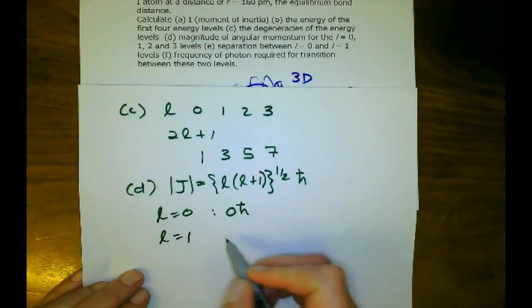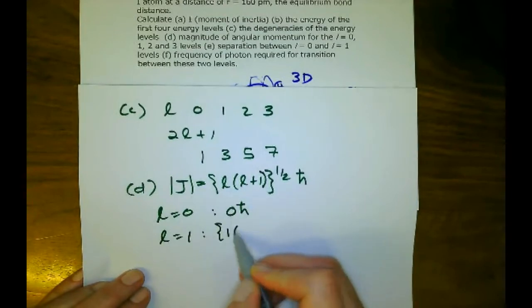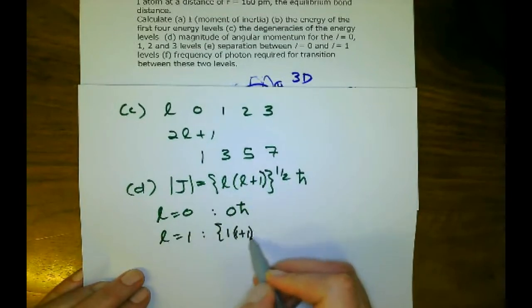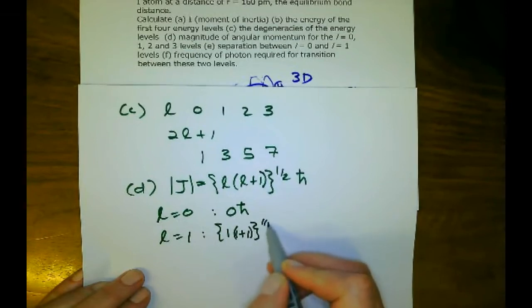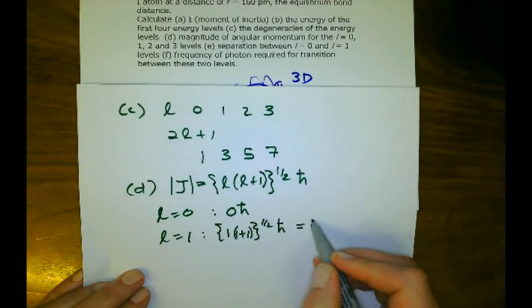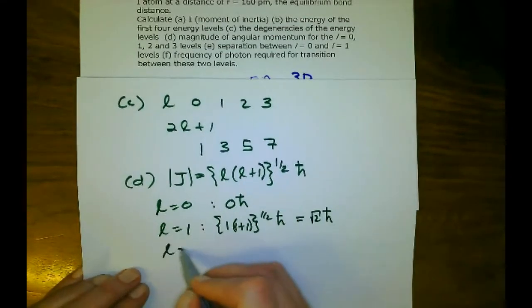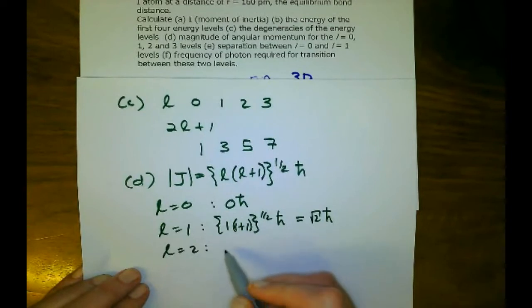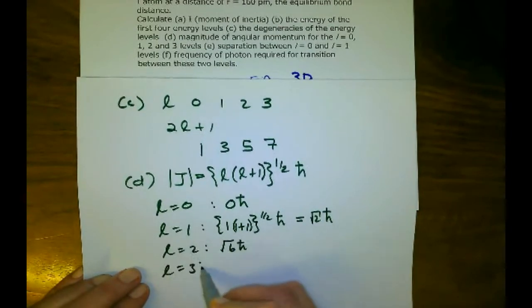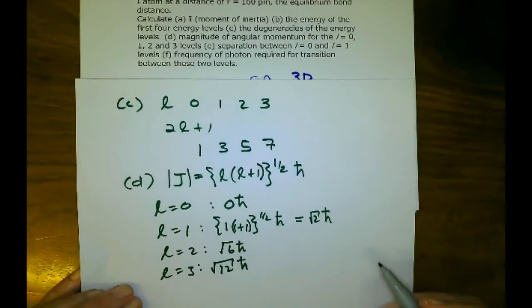For L equal to 1, it's 1 plus 1 to the power half h bar. So that is square root of 2 h bar. For L equal to 2, square root of 6 h bar. For L equal to 3, square root of 12 h bar.